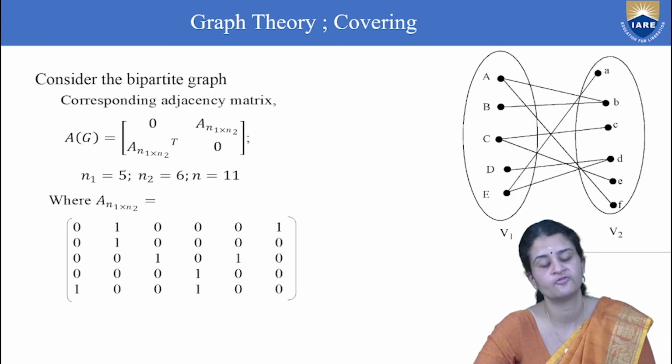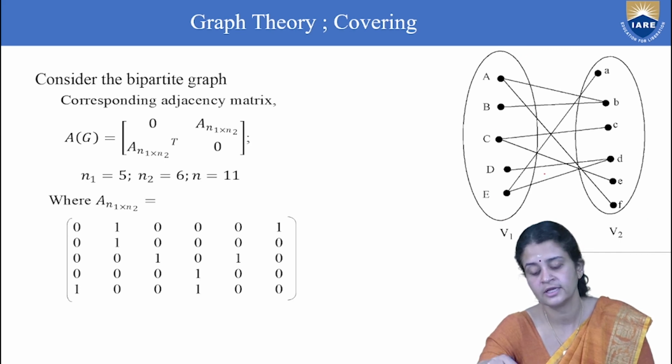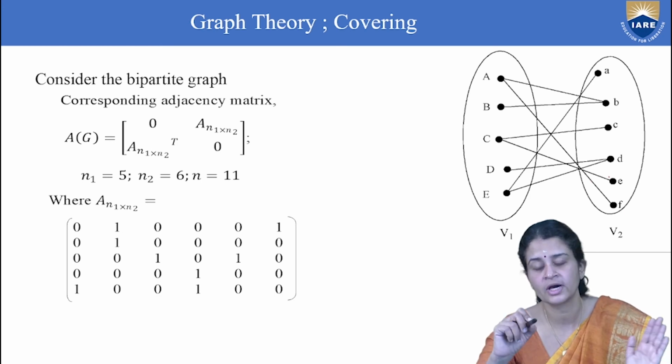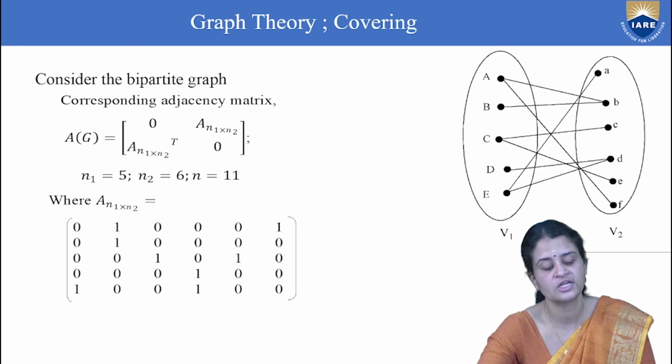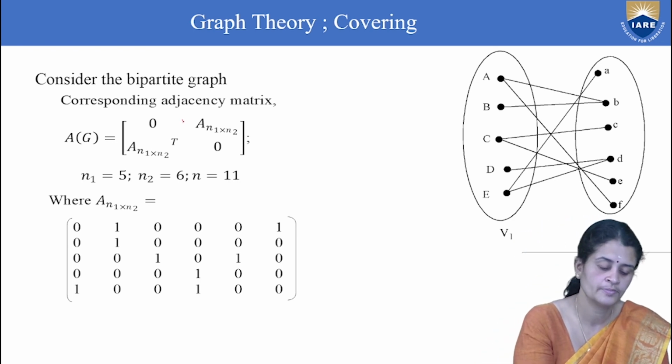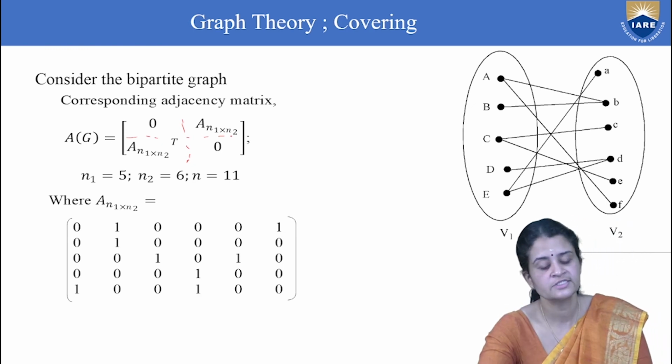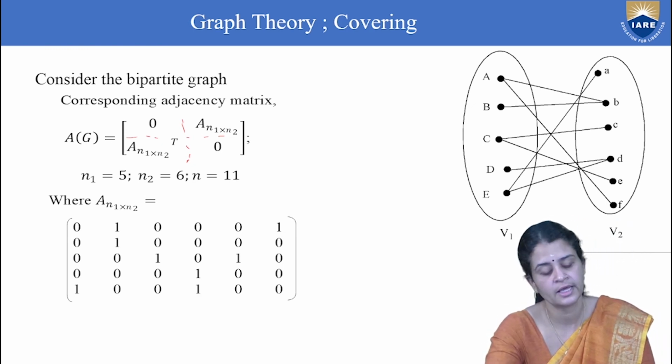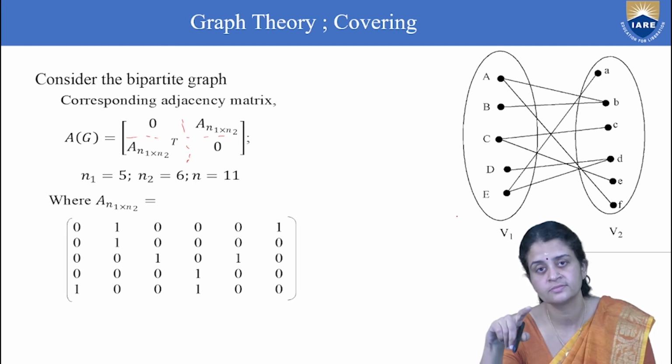Let's consider this graph. We have this graph with vertex sets V1 and V2, and the elements are named A to E and a to F. I can write the adjacency matrix of this graph as 0, A (N1 by N2), the transpose of that matrix, and 0. I think I have already told you this. Here N1 equals 5 and N2 equals 6, so the total number of vertices is 11.